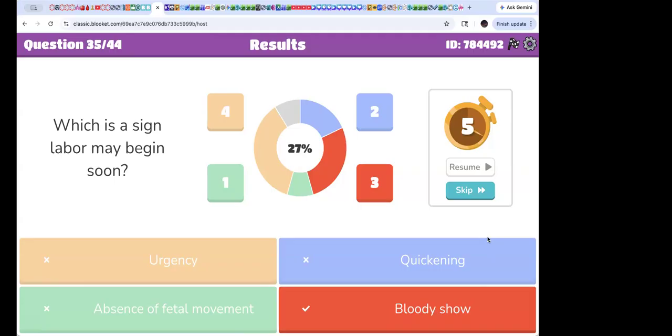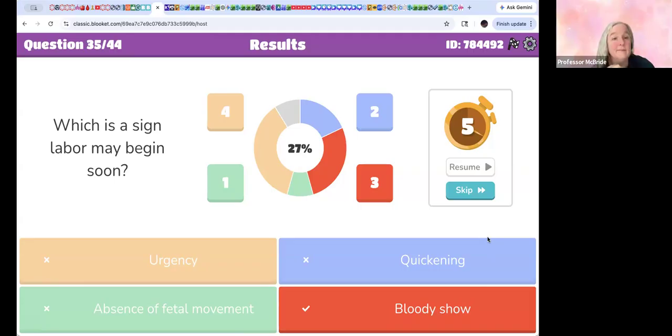So bloody show is like spotting. If we see it and she's term, we're thinking she might be going into labor. If we see it earlier, then that's a warning sign, right? We shouldn't be seeing blood early on. But when we're close to time for labor, a little bit of blood on her tissue, like spotting, can be a sign that labor might be starting soon.